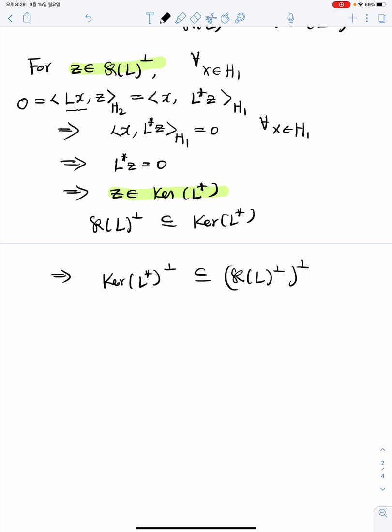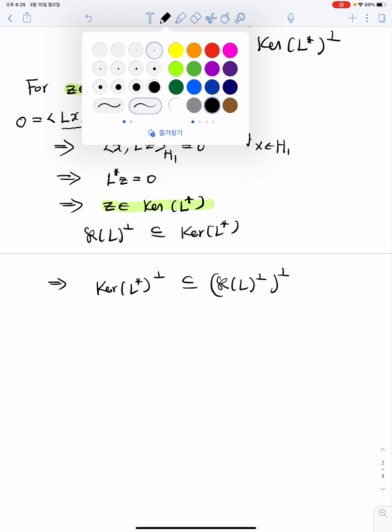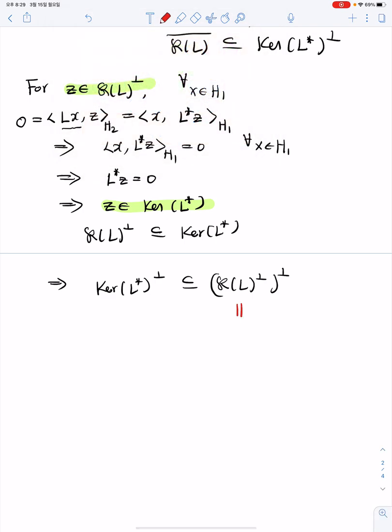Next we want to prove that this one equals the closure of the range of L. Once we prove this one, we are done. In fact, the range of L orthogonal orthogonal is the smallest closed subset that includes the range of L.